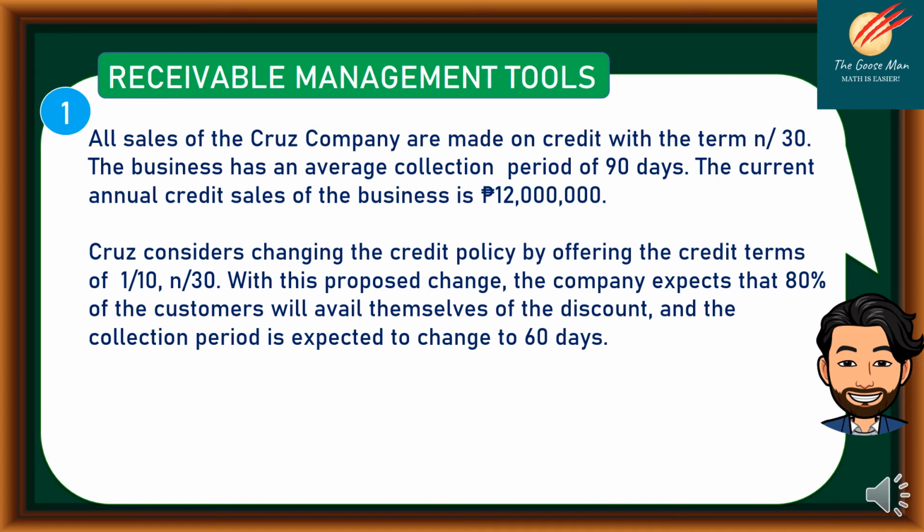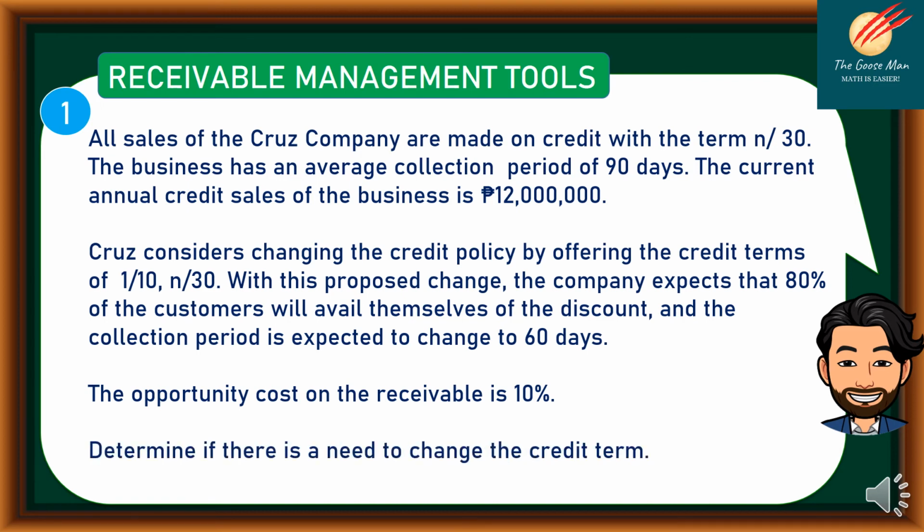With the proposed change, the company expects that 80% of the customers will avail themselves of the discount, and the collection period is expected to change to 60 days. The opportunity cost is 10%. The question is, determine if there's a need to change the credit term.